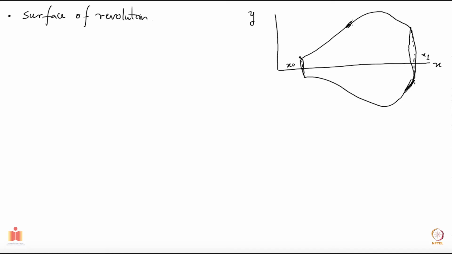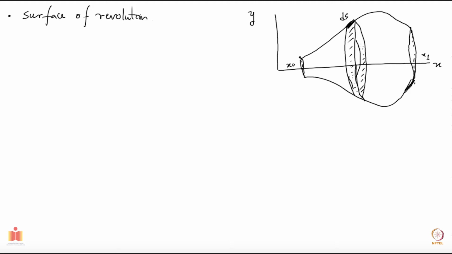Again, I take a small element ds here, and then I make a differential area element here. Okay, so that's the small area element that I'm looking at.